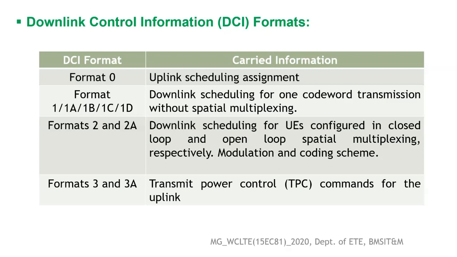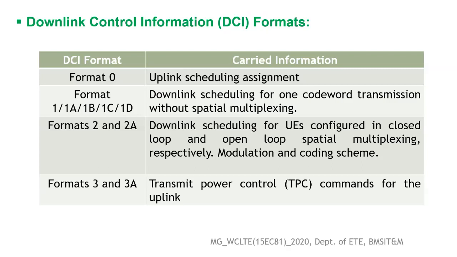See, LTE has 10 downlink control information formats, starting from format 0, format 1, 1A, 1B, 1C, 1D, 2 and 2A, and 3 and 3A.